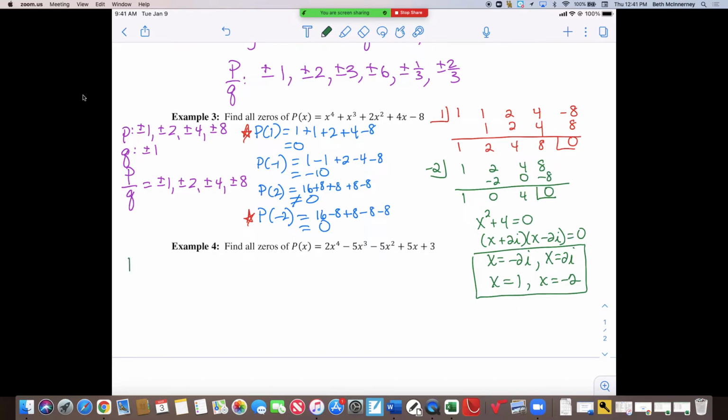All right, so here, P would be plus or minus 1, plus or minus 3. Q is plus or minus 1, and plus or minus 2. So the rational root theorem says you're taking all the combinations of P over Q. So that'll be plus or minus 1, plus or minus 3, then plus or minus 1/2, and plus or minus 3/2.